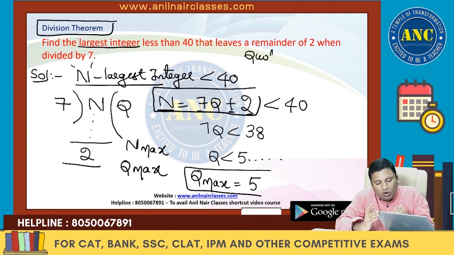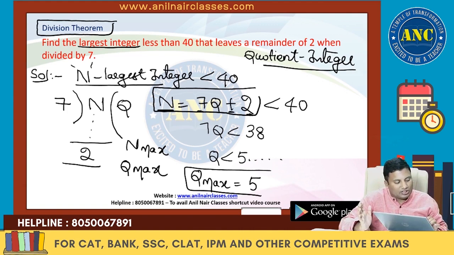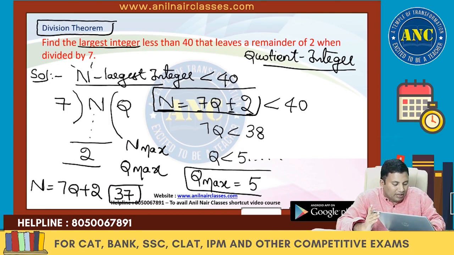Quotient is always an integer, so it cannot be 5 point something. Q maximum is 5. So n is 7q plus 2. 7 fives are 35, 35 plus 2. Answer is 37. First one, answer is 37.